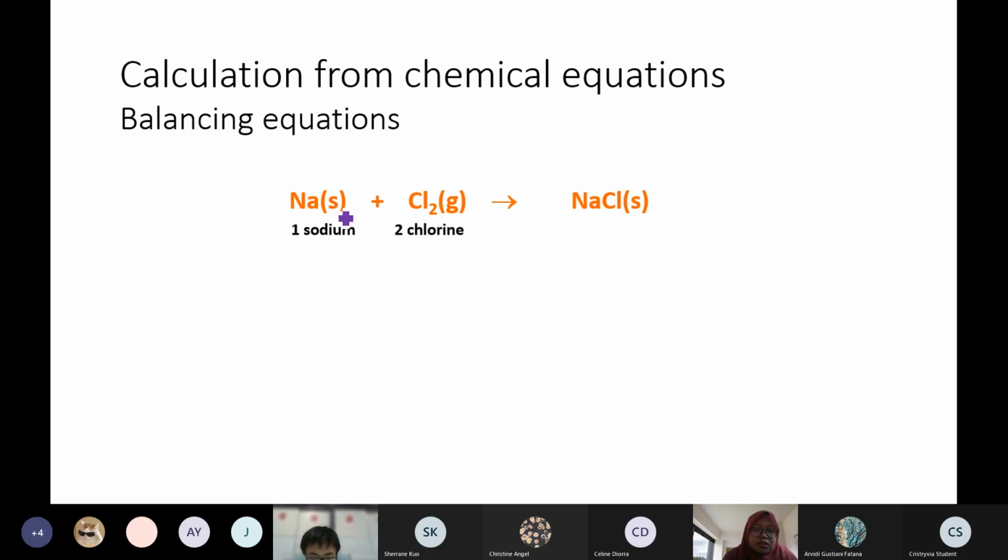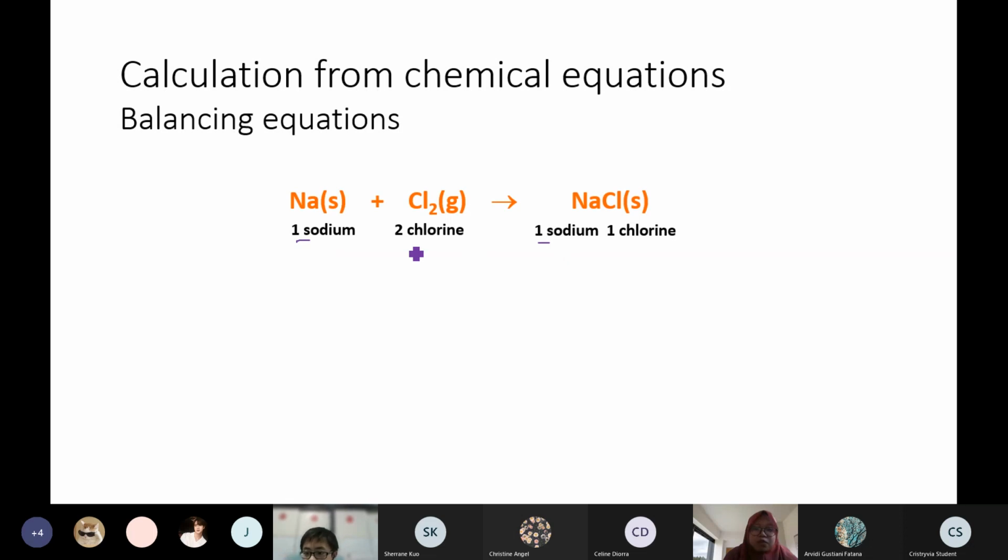The reactant side consists of 2 chlorine atoms, and the product consists of 1 sodium and 1 chlorine. If we compare the total atoms in reactant and product, sodium is 1 and 1, so it is balanced.